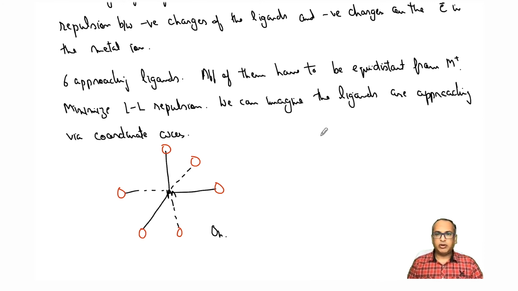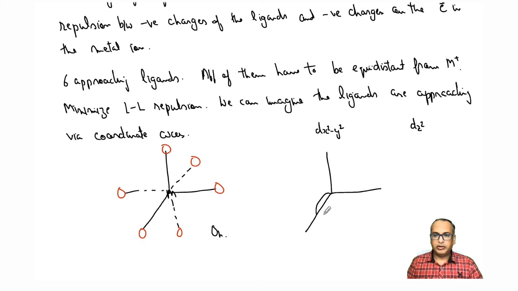The Eg set of orbitals, one is dx square minus y square, another is dz square, right? So how do I draw dx square minus y square? So you have these, lying along the axis, right?